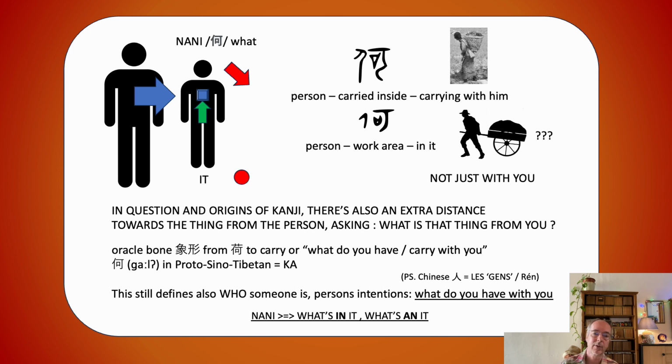You can also say, like, okay, it is a person who has something with him, but even there it is the reference point that you also say you want to define something, and you want to define something by taking a distance from a person, but you still define this person by defining what he has with him, what he has in him, what he has as a thing with him, what is the container there, what is carried with him.